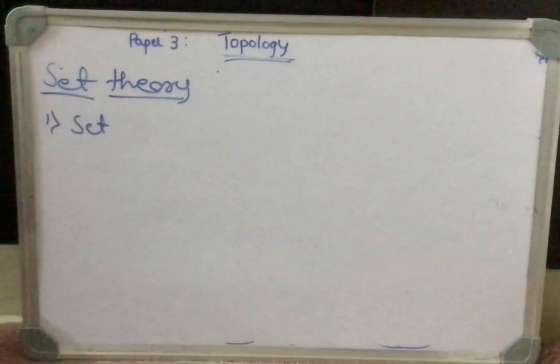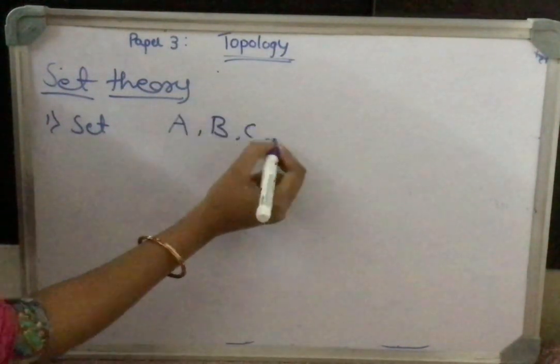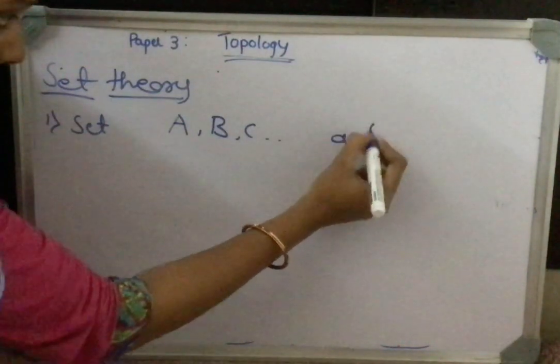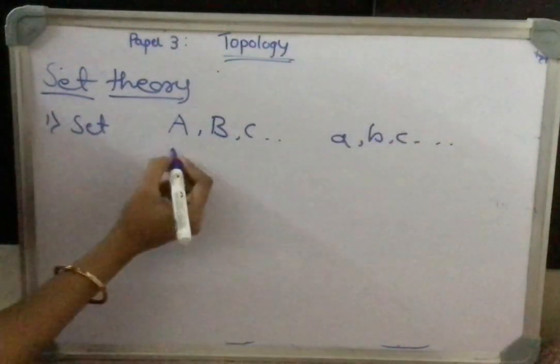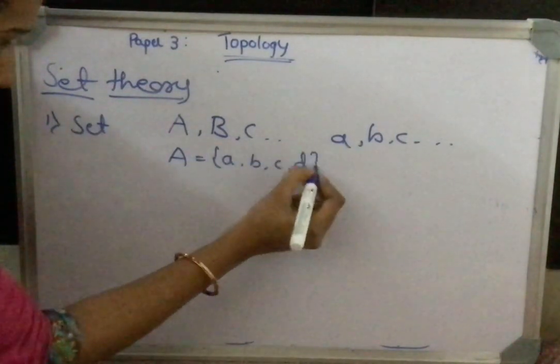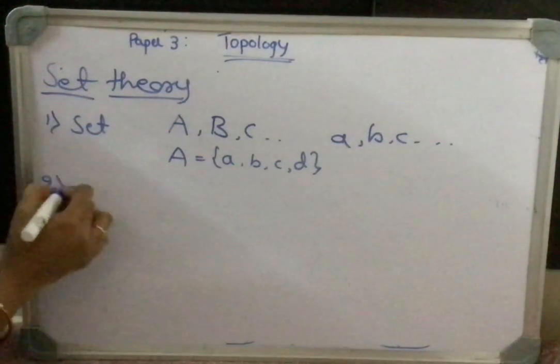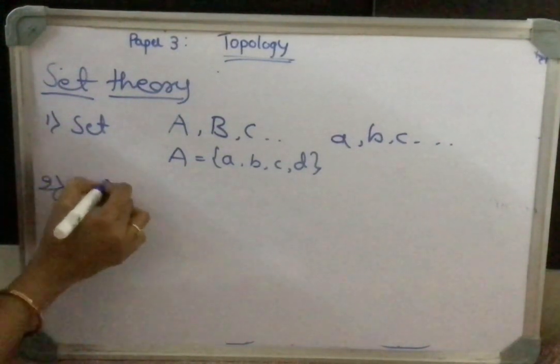A set is a well defined collection of distinct objects. Sets are usually denoted by capital letters and elements of the set are denoted by small letters. So A is equal to {a, b, c, d}. This is a set, any set. Next is finite set.